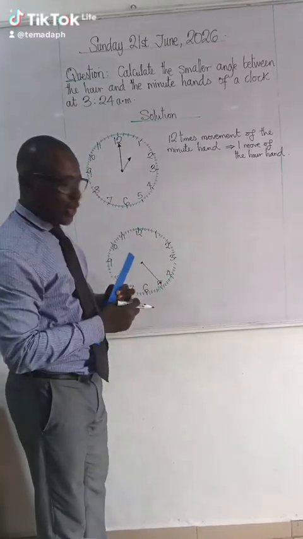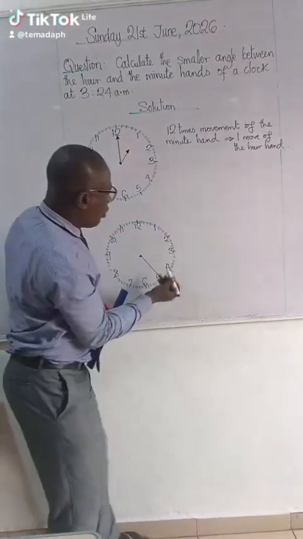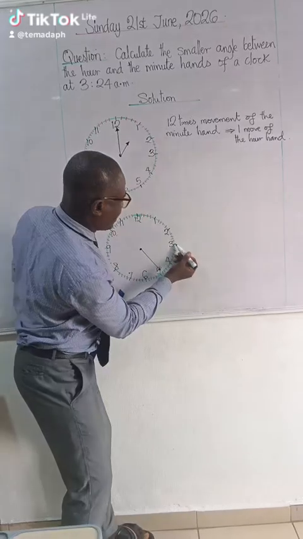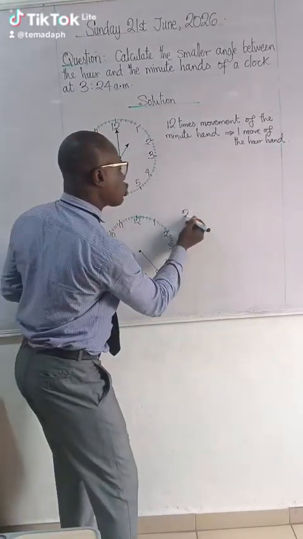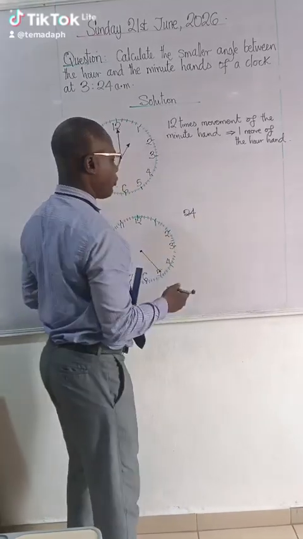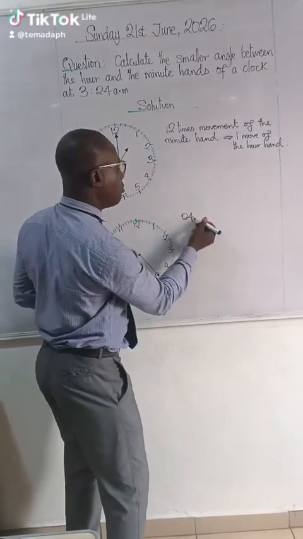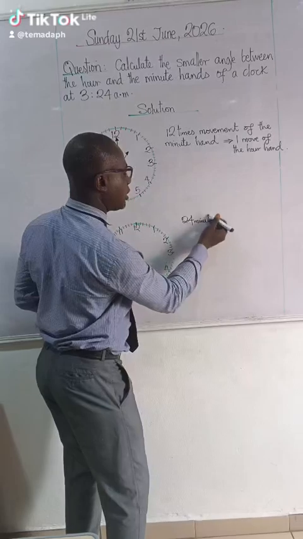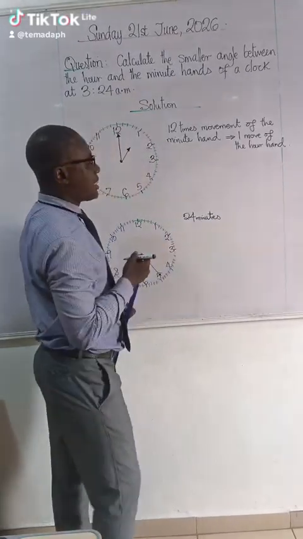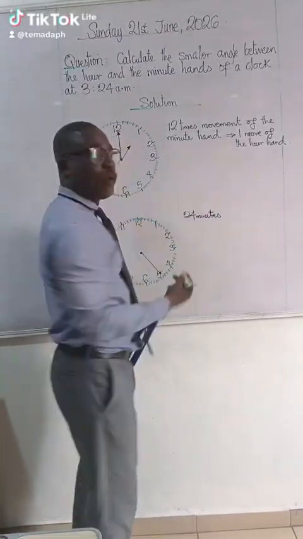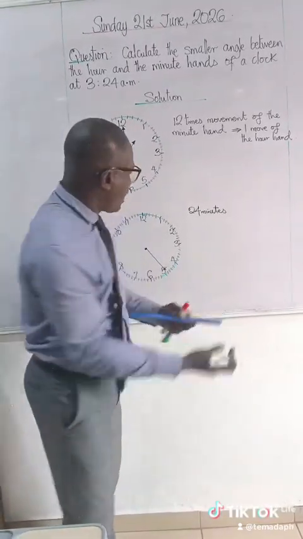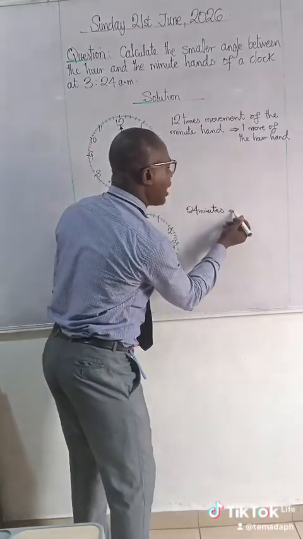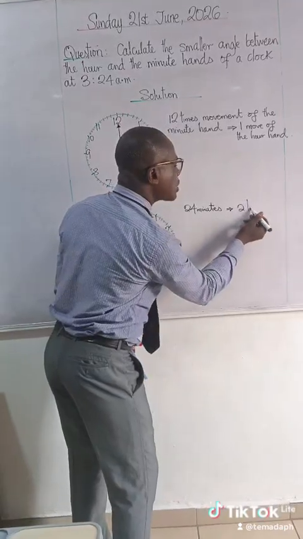Then 3:24 means that the hour hand, which is the short one, would have moved how many times? Remember, for 24 minutes, if for every 12 movements of the minute hand the hour hand moves once, then for 24 minutes, the hour hand will move 2 times.